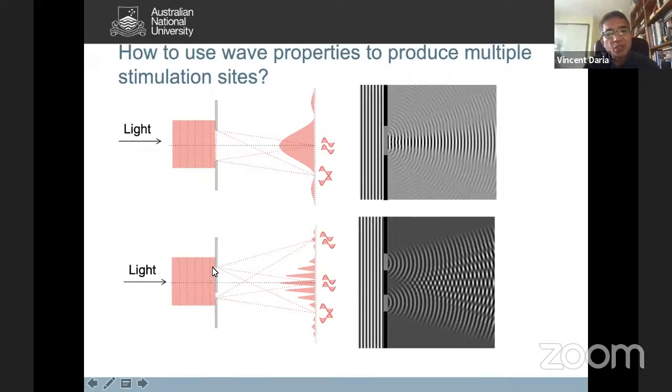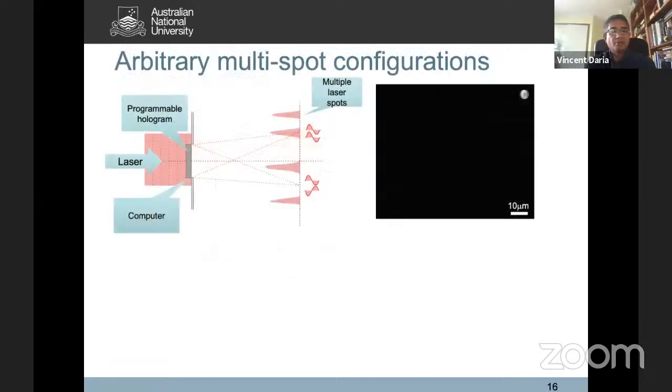If you are able to program or change your aperture, this is just an amplitude, but you can actually make an aperture consisting of just a phase pattern using a programmable hologram, for example. Then you can produce arbitrary spots specifically targeted to specific regions in space where you want them to be, right? So this can be constructively interfering there and destructively interfering in these regions here, and so on and so forth.